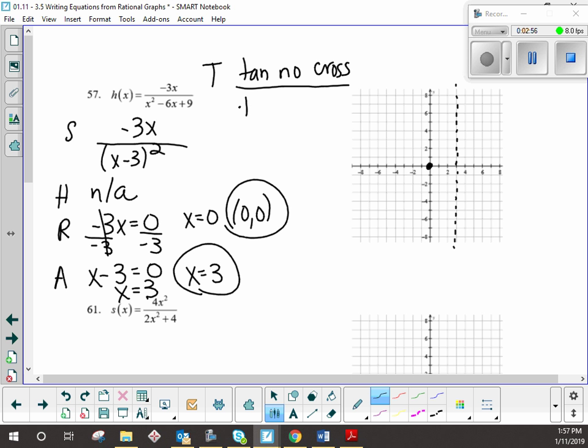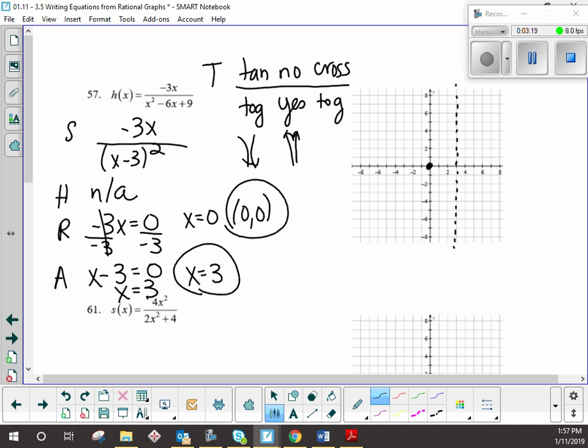Is it going to come together or not? Yes, right? It's going to come together because that factor is squared. And coming together means it's either going down on both sides or it's going up on both sides of the asymptote. That's what together means. And if it's not together, what is it? It's opposite. All right. So that's T.